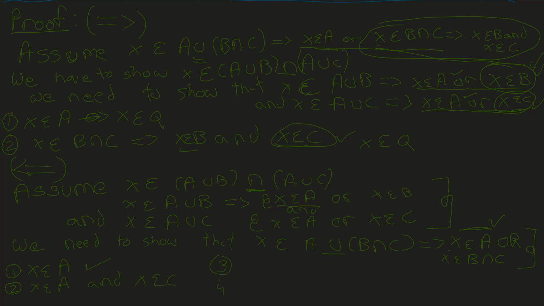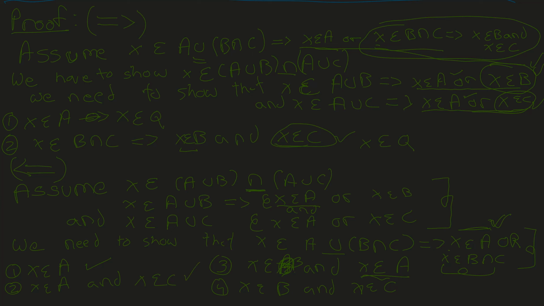Remember, there are 4 scenarios for us to consider. The third case is where x is in B and x is in A, and the fourth case is x is in B and x is in C. In the third case, when x is in B and x is in A, since x is in A, this automatically implies the first part, so this is proven.